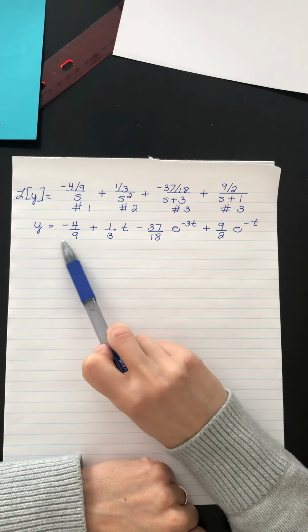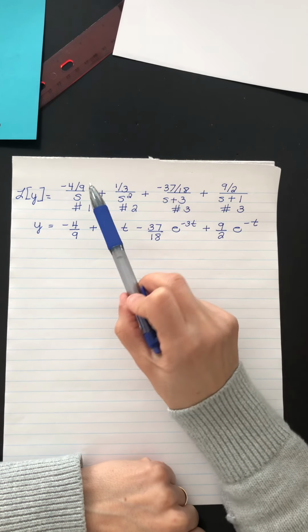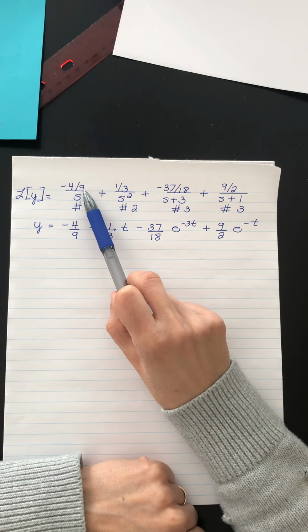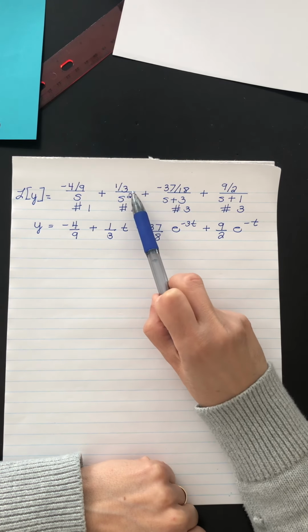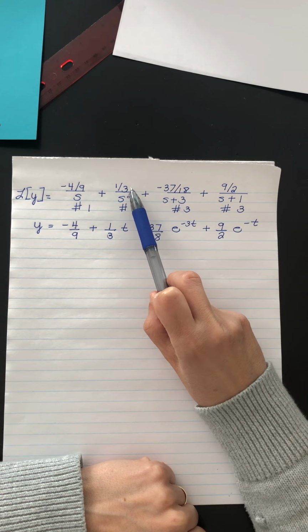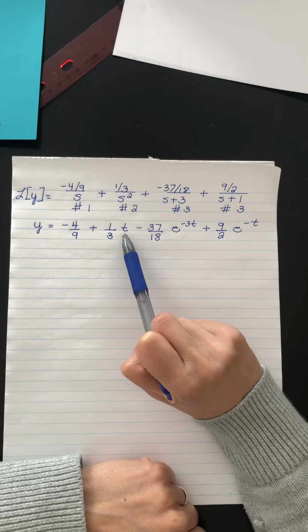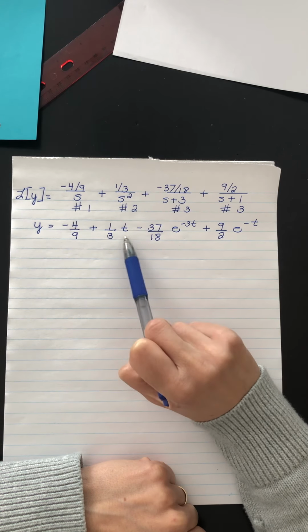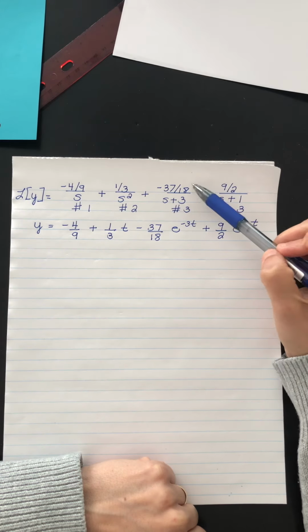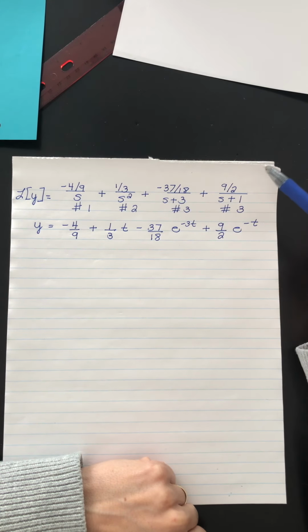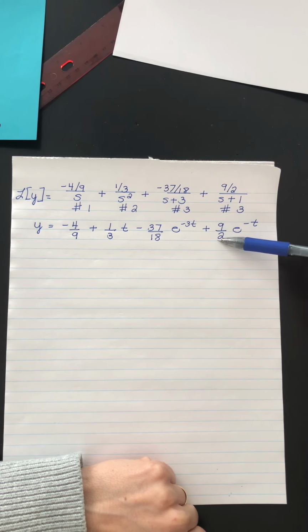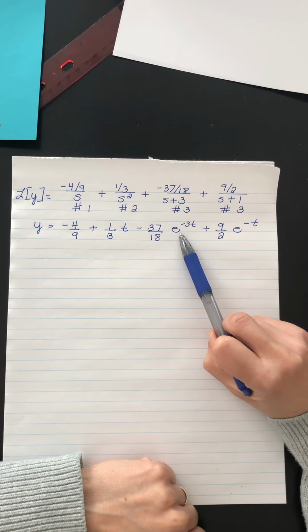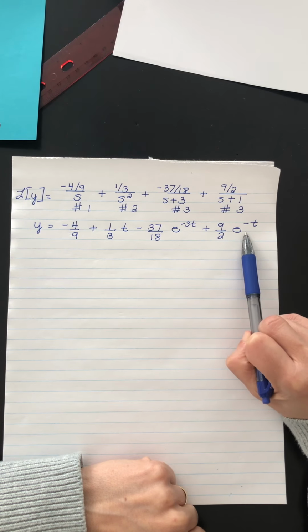Y equals, here comes our function of t. The transform of -4/9 over s is -4/9. Here, the transform of 1 over s squared is t. So we have 1/3 t. -37/18 and positive 9/2 will be coefficients here. The transforms will be e to the -3t and e to the -t.